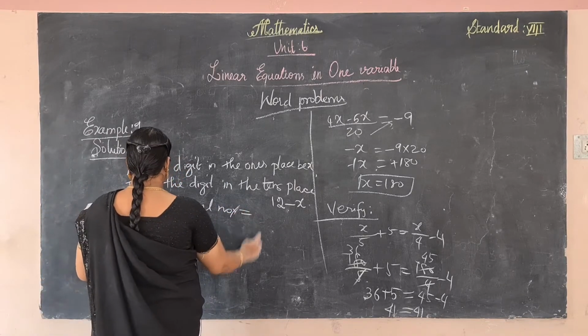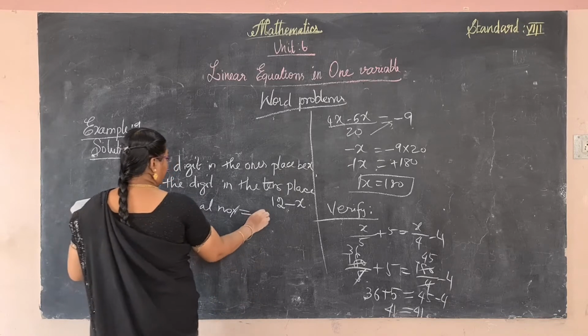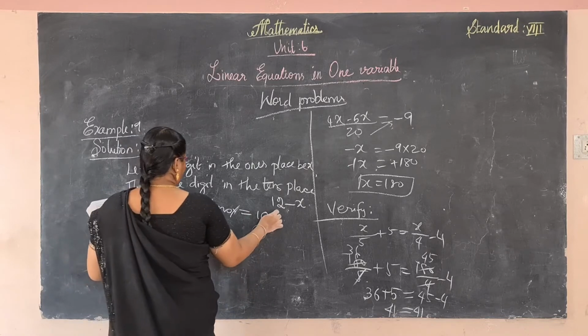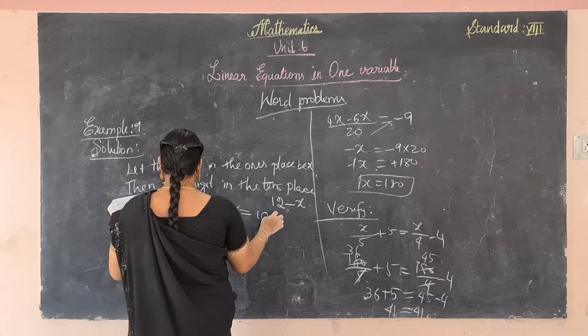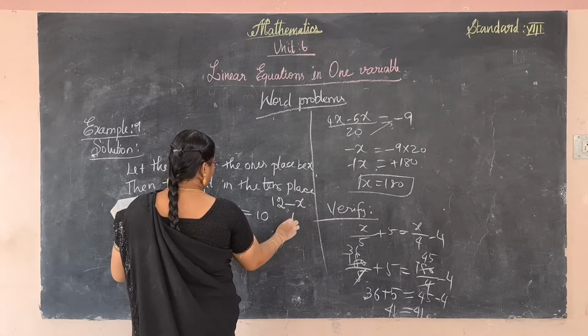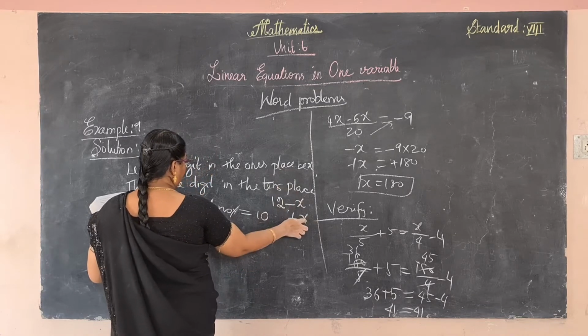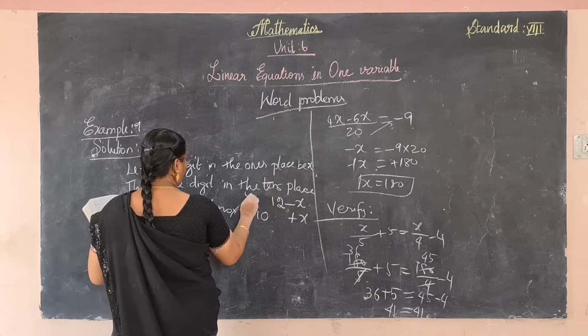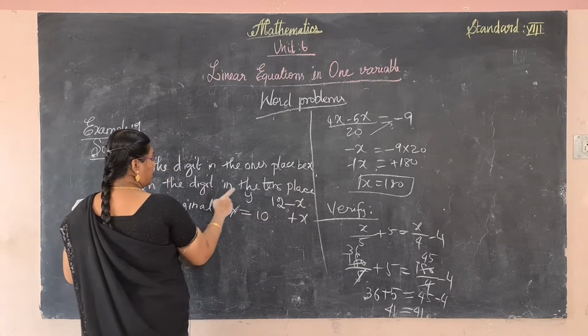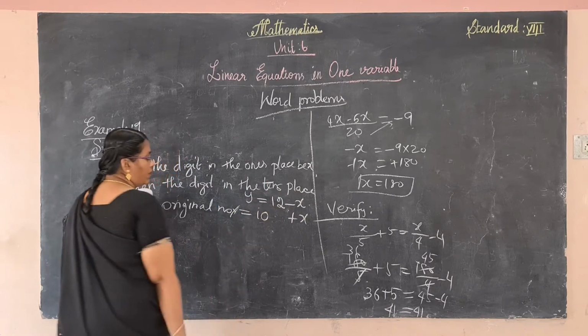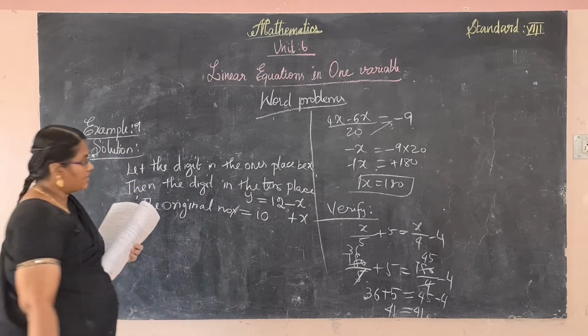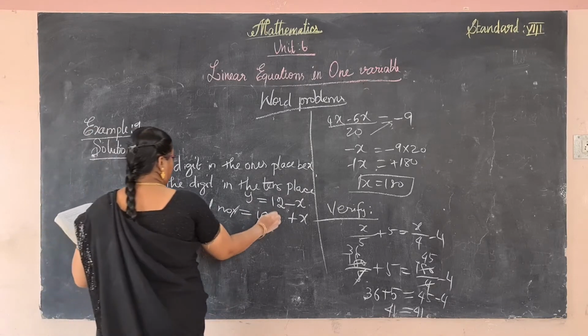How can you write it? 10x? Let the digit in the tens place be y, which is equal to 12 minus x. So the original number is 10y plus x.